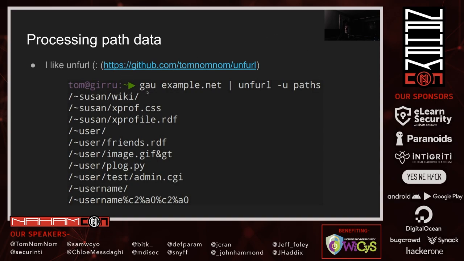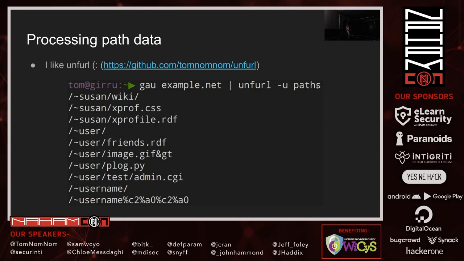So what this command here means is use Go to fetch URLs for example.net and then pipe, or take the output of this command and feed it to the input of the unfurl command. We have the -u flag, which means only produce unique results, and then a parameter to say I actually want the paths part of the URL.